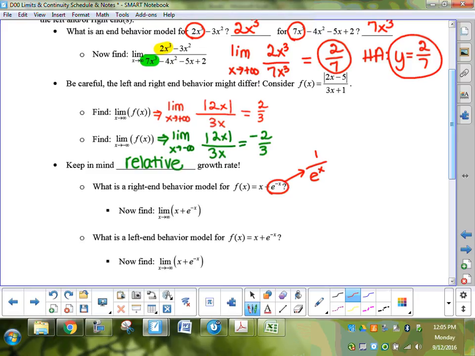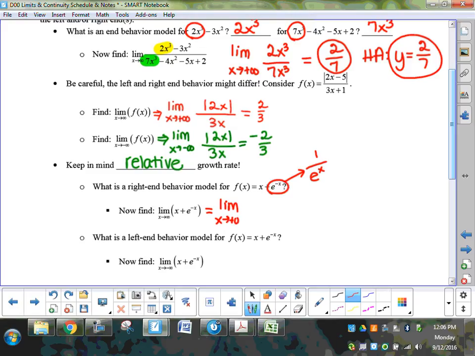Now let's go through and evaluate this as we go out to positive infinity. Looking at what I have, I'm going to separate this up into two different limits. That's from our properties the other day. I list out the limit as x goes out to positive infinity of the left half of the binomial, x.